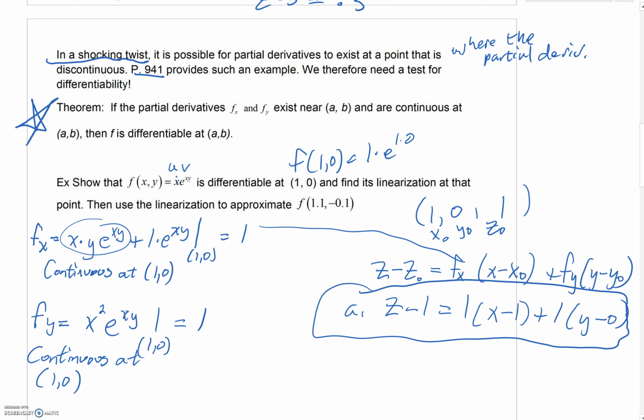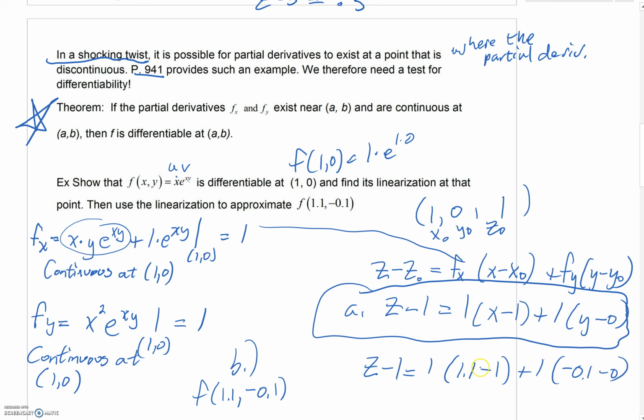But then we want to approximate f of 1.1 and negative 0.1. Well, we'd have z minus 1. Here's a 1, and we'd have 1.1 minus a 1, plus 1 times, well, this is negative 0.1 minus a 0. 1.1 minus 1, that's a 0.1. 0.1 times 1 is 0.1.